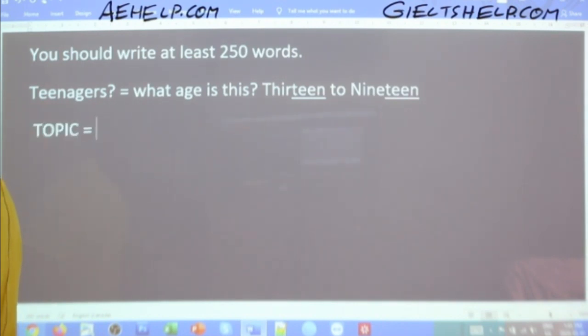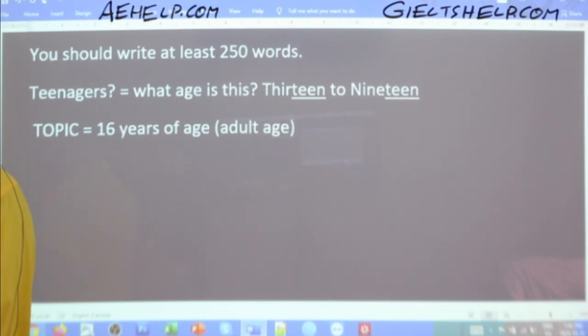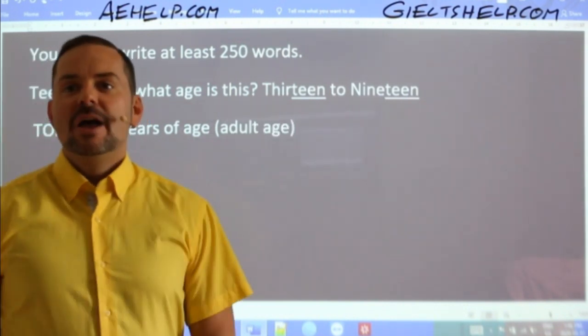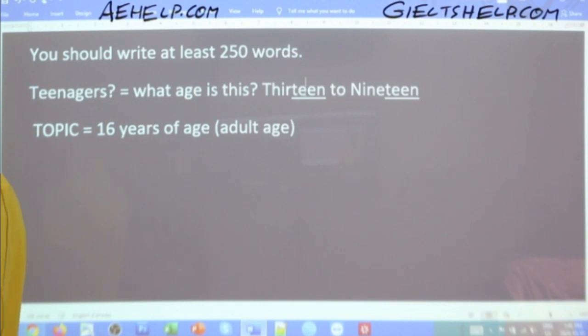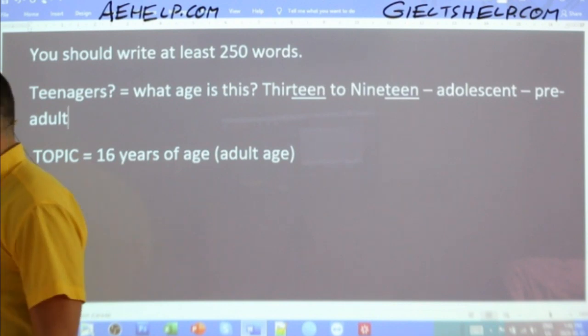The topic here is 16-year-olds, let's say. Okay, or the adult age. Adolescent, yeah, adolescent, very good. So teenagers are also called adolescents. They're pre-adult, right? That's basically what adolescent means, pre-adult. Okay.